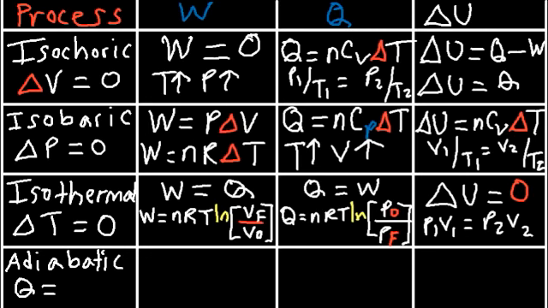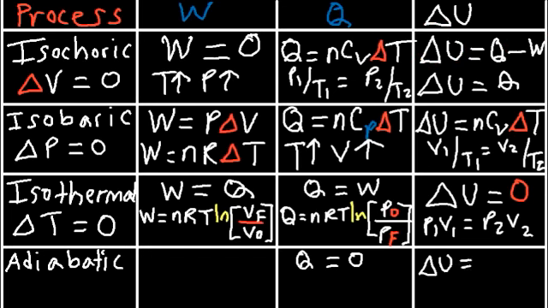I should have put that in this column. Now, because Q is equal to 0, that means that the change in internal energy is equal to negative W. So let's write that over here.